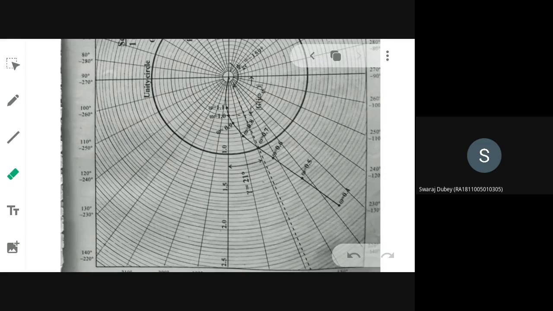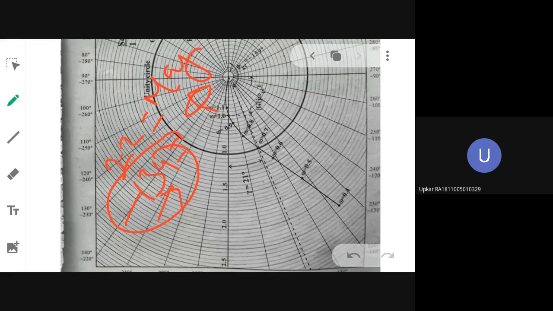And what is the corresponding phase angle? Minus 134. Magnitude is 2.2. Then what is the phase angle? Minus 134. So you have to check where you have minus 134.